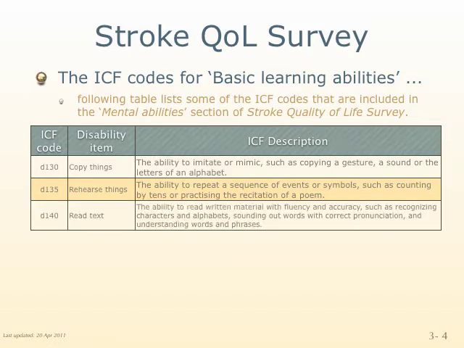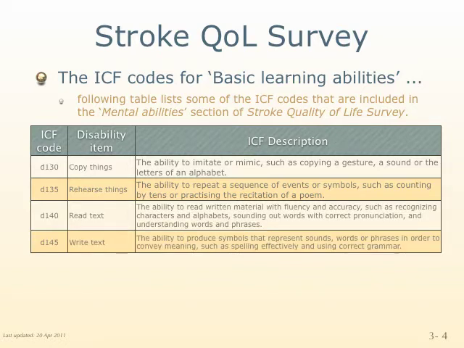And the disability item called Read Text, which corresponds with ICF code D140, or the ability to read written material with fluency and accuracy, such as recognizing characters and alphabets, sounding out words with correct pronunciation, and understanding words and phrases.